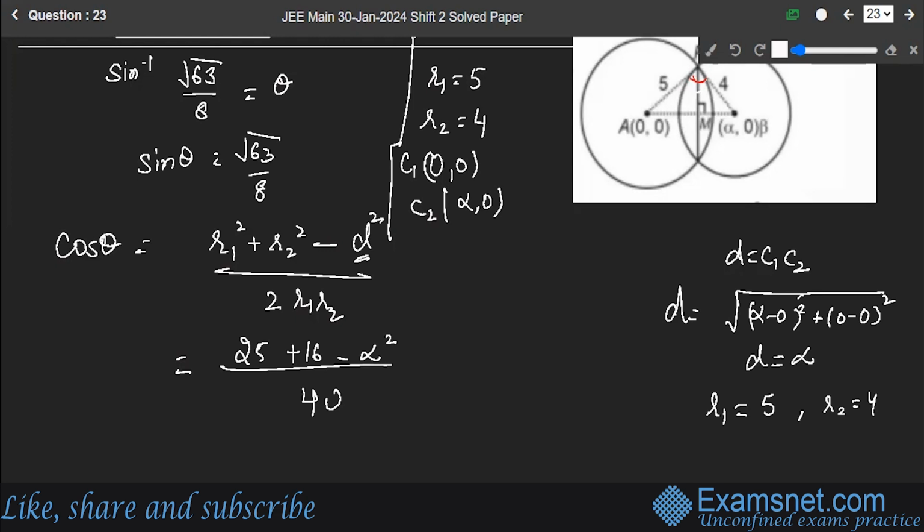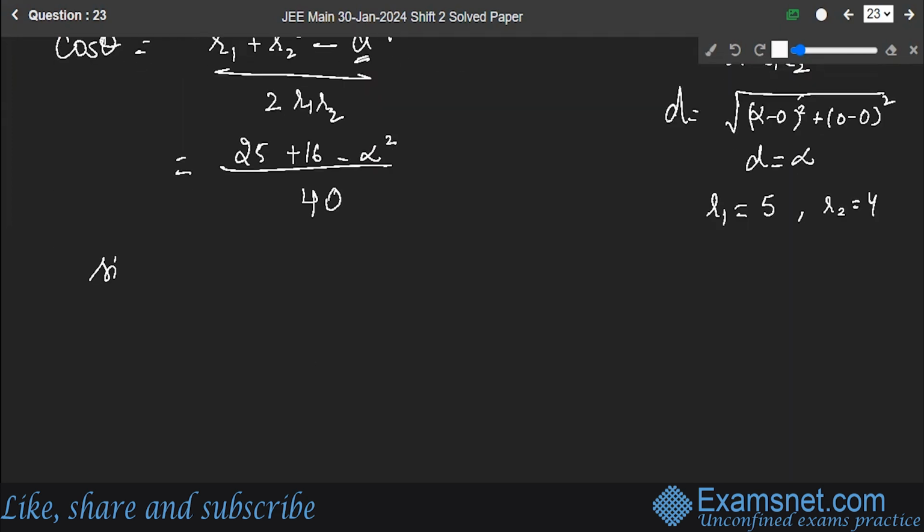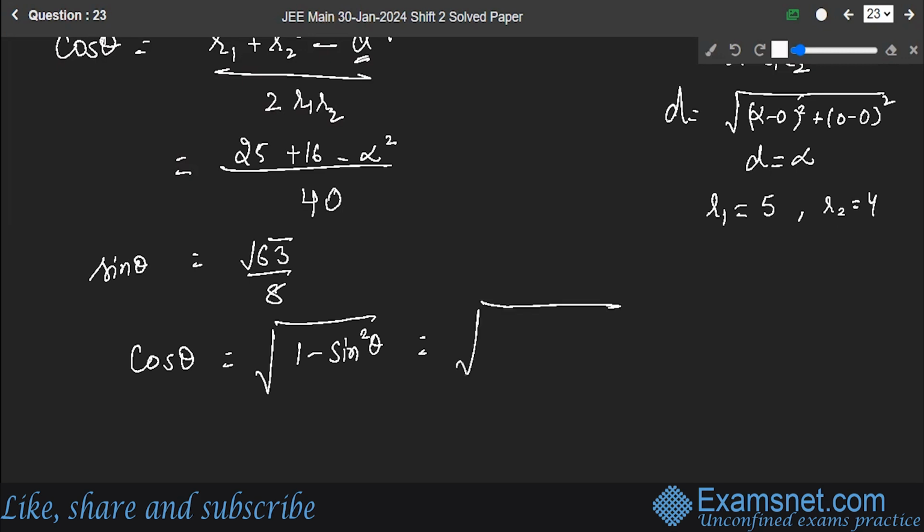So this is your cos theta, and the sin theta we already have as root 63 by 8. Okay, from here, if you want to calculate cos theta, this will be given by root of 1 minus sine square theta. This will be equal to root of 1 minus 63 upon 64, or this will be 1 by 8.